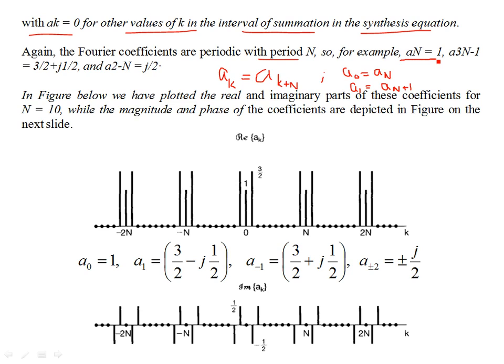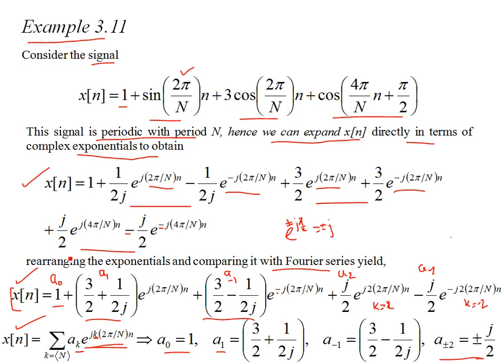So aN is a naught, and if you recall, a naught was 1. So this is a naught, a1, a minus 1, and a2, a minus 2, and this goes up to a N minus 1. But the Fourier coefficients you see over here are 0 for k greater than or equal to 2.